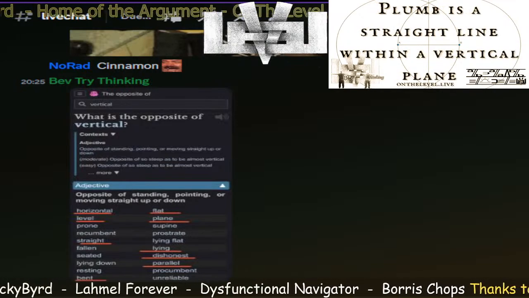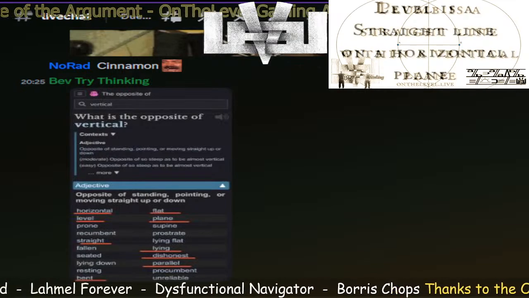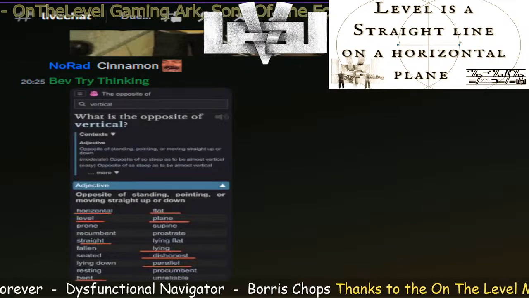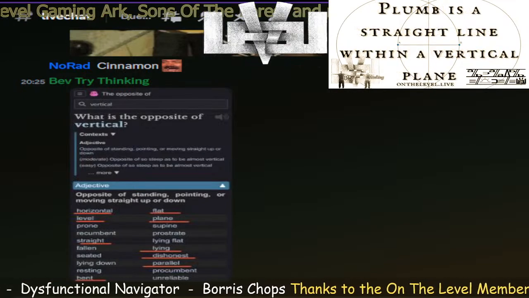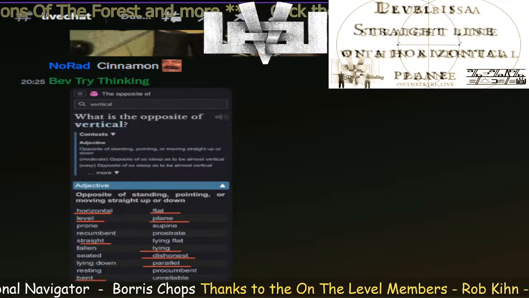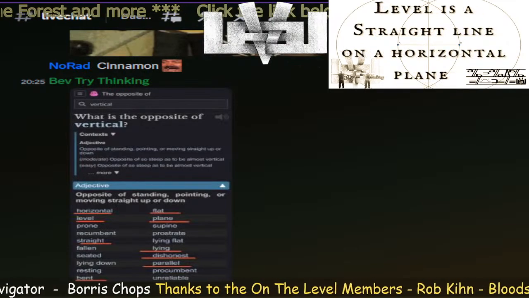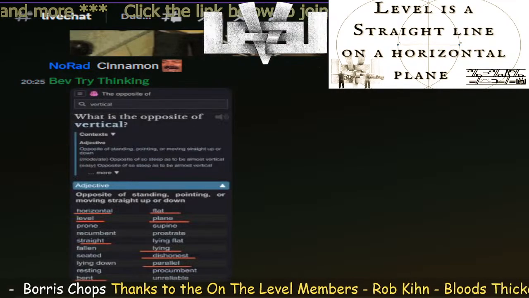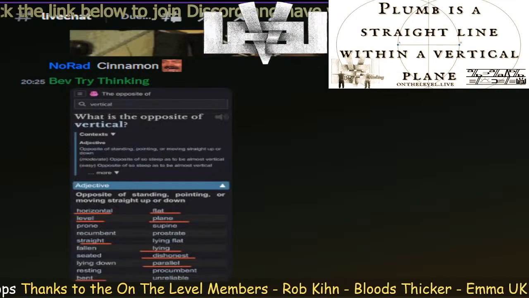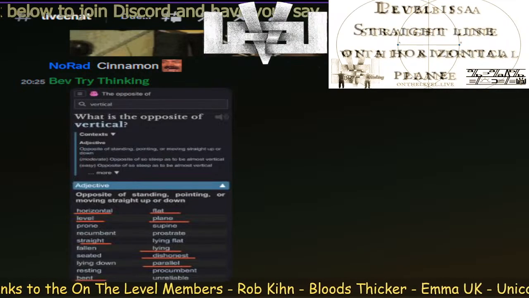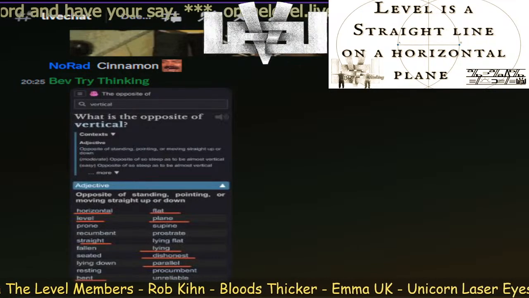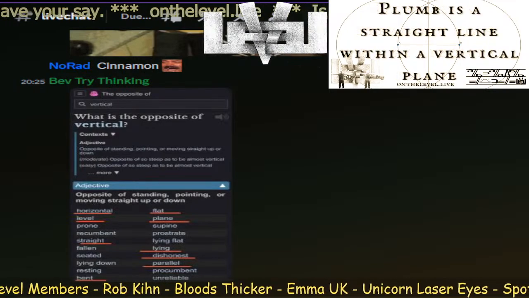Yes, and by the way, even if something is in the dictionary, it doesn't mean that you can just cherry pick anything from that dictionary, because some words are used in certain contexts. So it sounds stupid that you can say that moving straight up or down is opposite to straight. It doesn't make any sense.